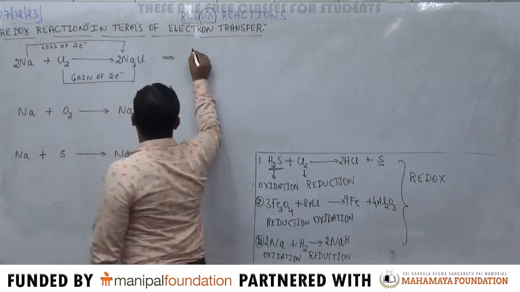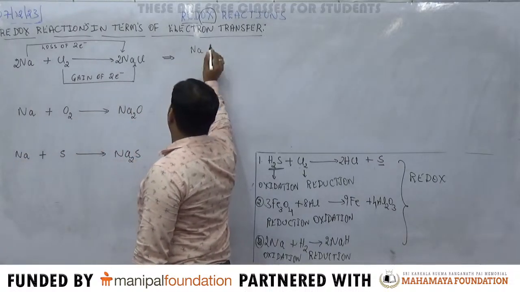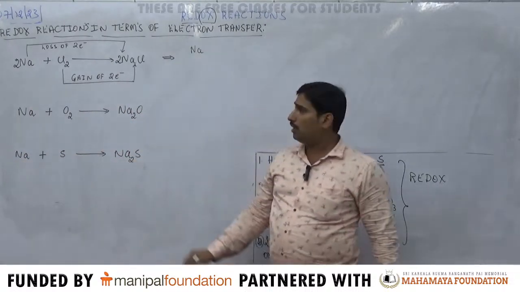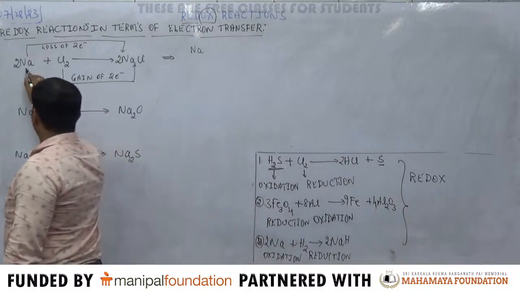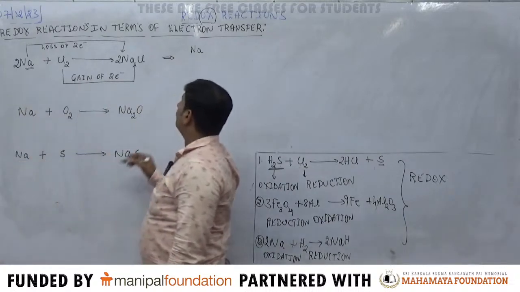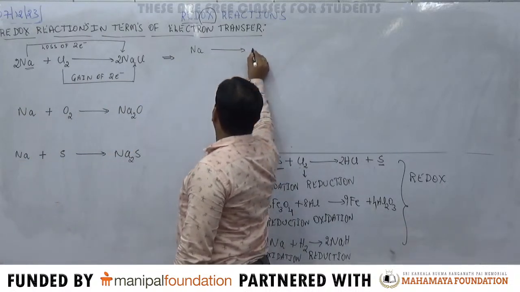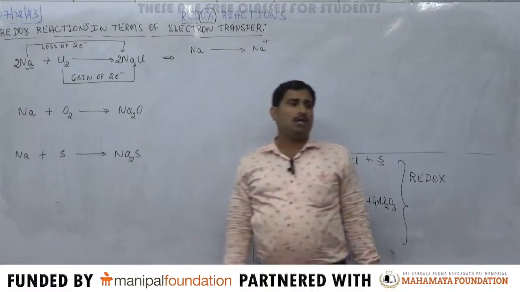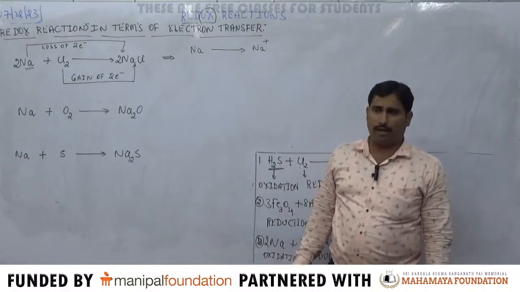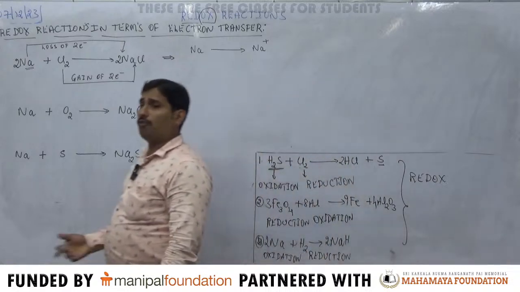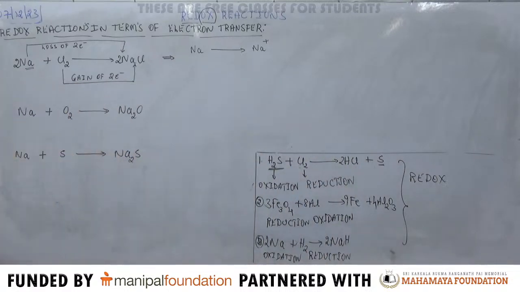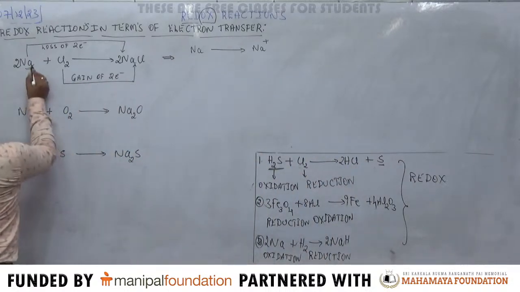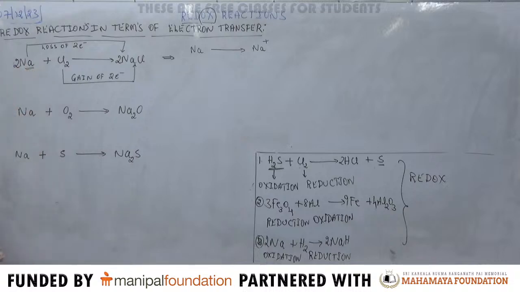First, listen to me, look at the board, later you can write. Sodium I'll write. The sodium is converted into sodium ion. Now, how can you say that sodium is converted into sodium ion? Sodium is an electropositive element.